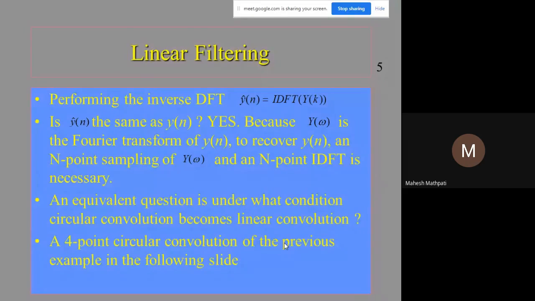So let's have one more question. Just write that point. An equivalent question is: under what condition circular convolution becomes linear convolution?